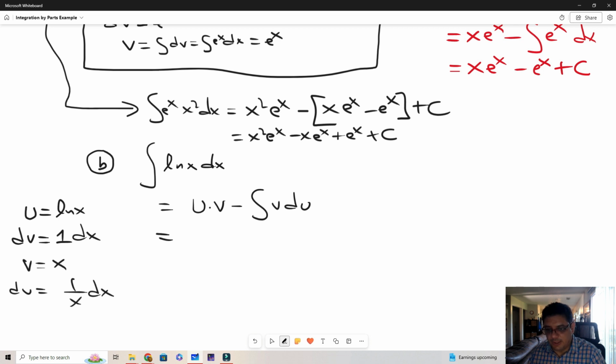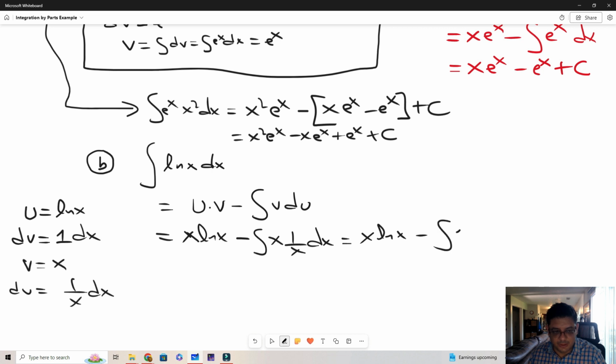The u times v becomes x log of x, minus the integral of v, which is x, times du, which is 1 over x dx. So this becomes x log of x minus the integral of 1, which is x log of x minus x plus c. That gives us the integral of log of x, which was something that we did not have before.